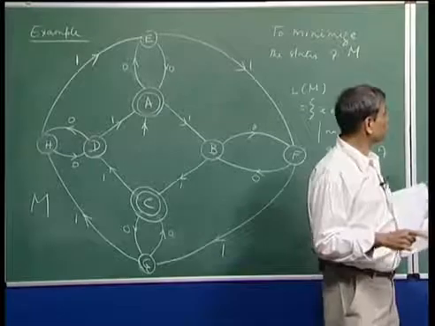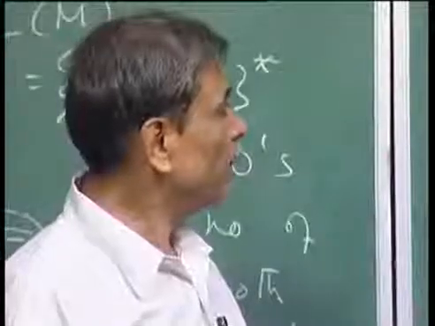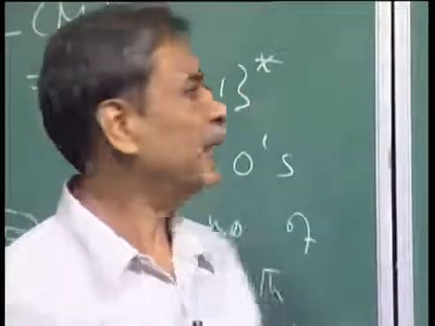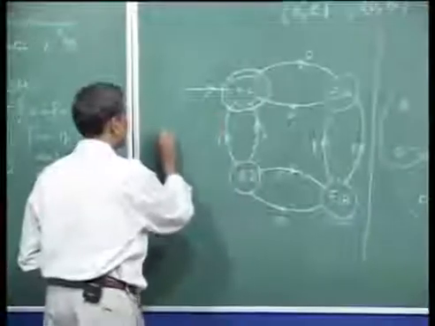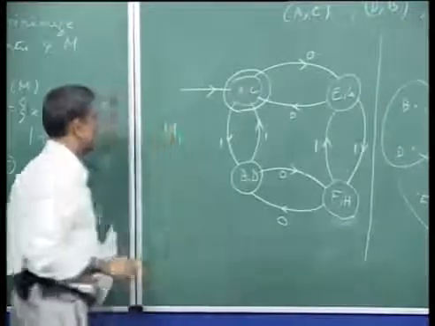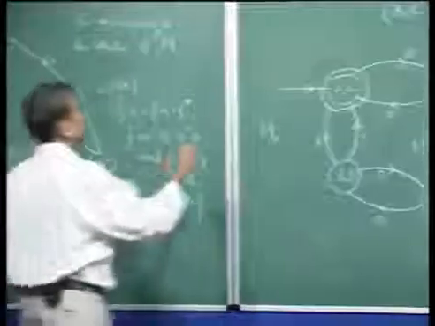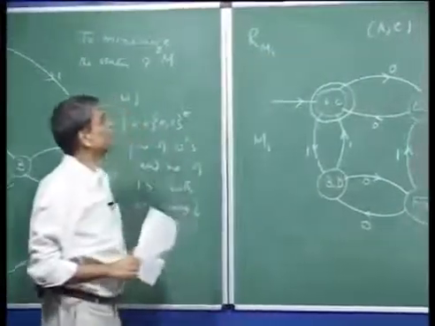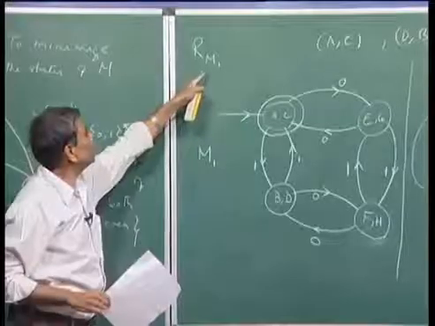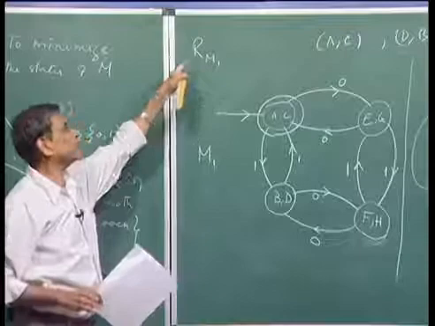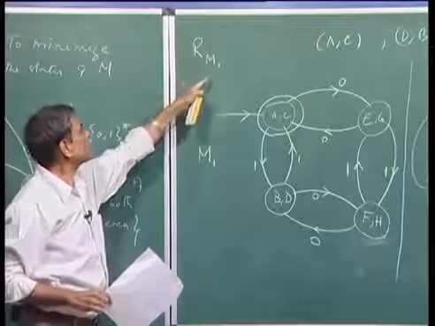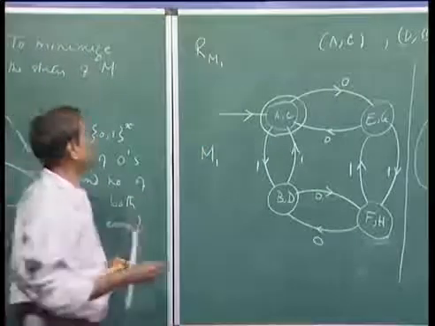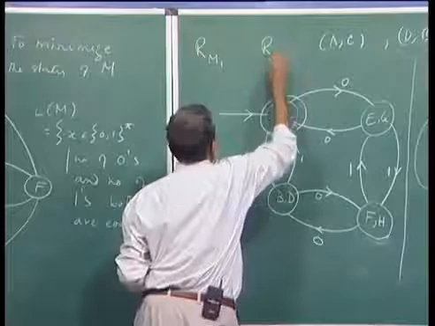And what you can prove, which is not too difficult, is that for this machine, if I call it M1, the relation Rm1, remember that there is an equivalence relation one can define on the set of strings over the alphabet, is actually the same equivalence relation as Rl.